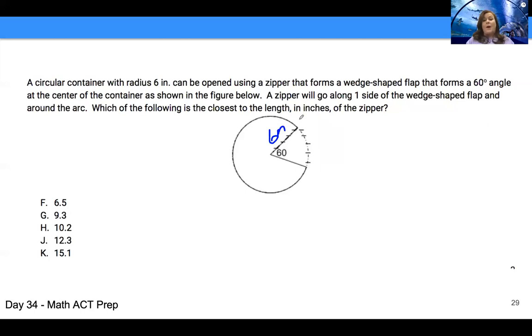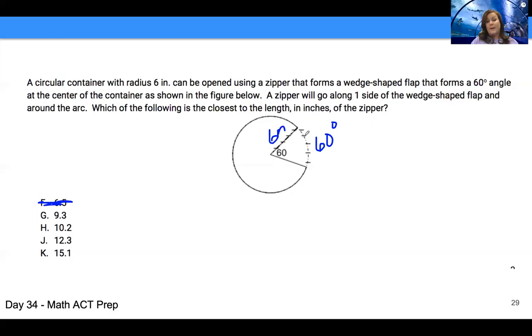Okay? Well, this is really kind of cool on how to do it. We know that if this has an angle measure of 60, what is this one right here? It's going to have a measure of 60 degrees. Okay? We already know this one's 6 inches. And right now, I can already tell you, okay, it's not 6.5.